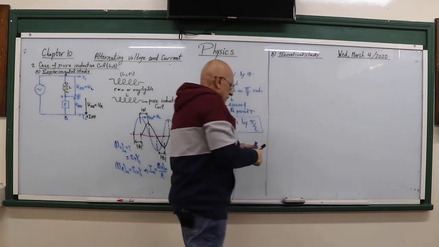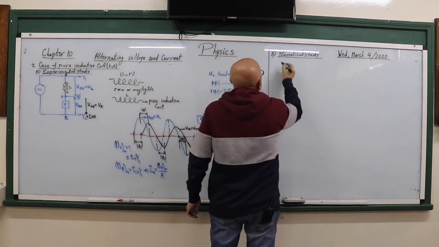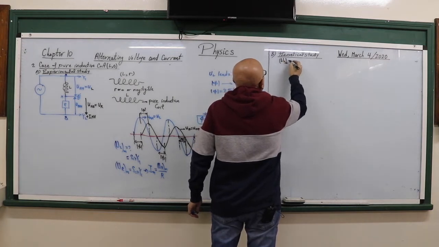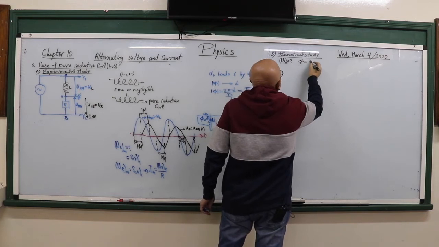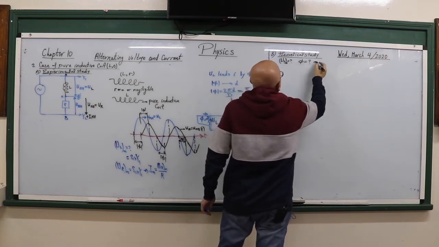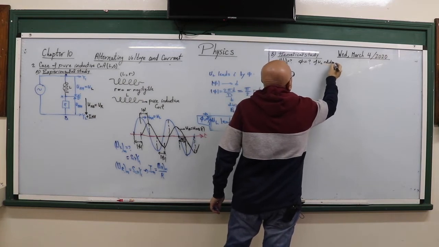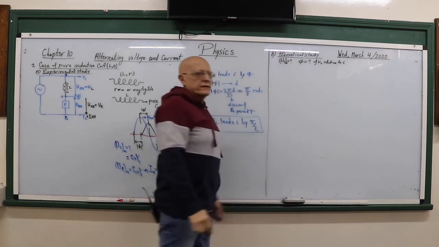Okay. Also here, my objective is to find UL maximum and phi of UL relative to I. Don't forget the objectives.